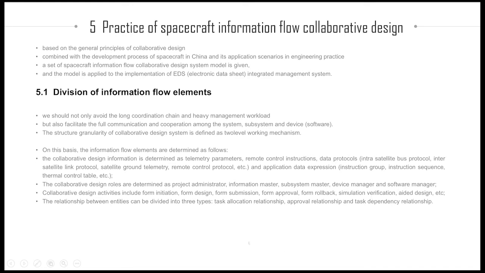Collaborative design activity includes form initiation, form design, form submission, formal approval, form rollback, simulation verification, and aided design. The relationship between entities can be divided into 3 types: task allocation relationship, approval relationship, and task dependency relationship.